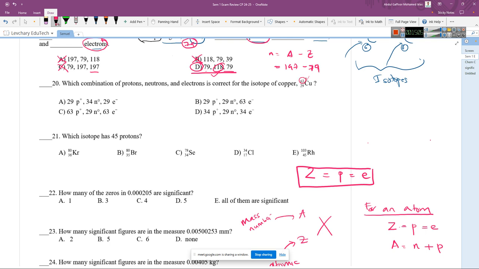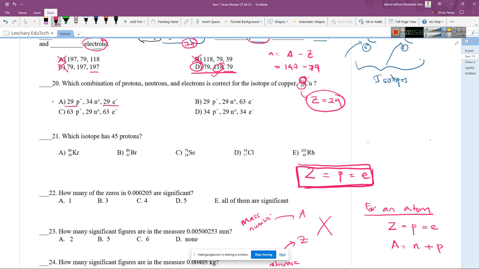This is the mass number, 63, and 29 is the atomic number Z. So Z is equal to 29. We have a relationship: Z is equal to P is equal to E. Since the atomic number is 29, the number of protons and the number of electrons also should be 29. Did you understand that now?